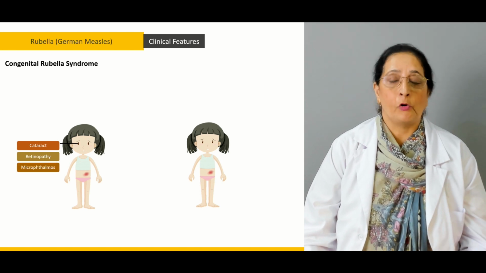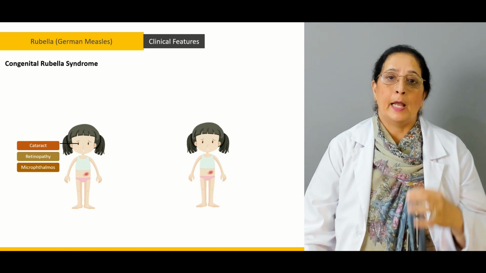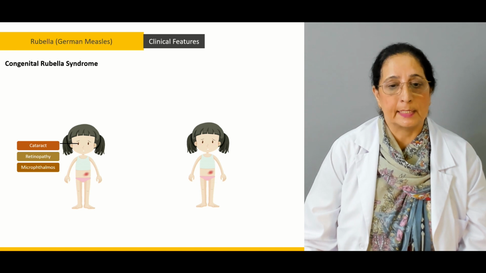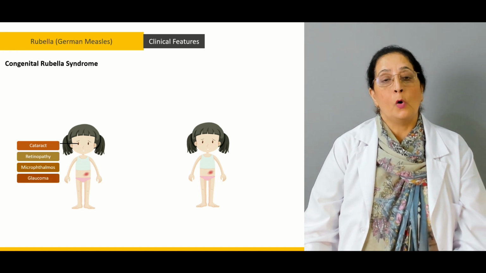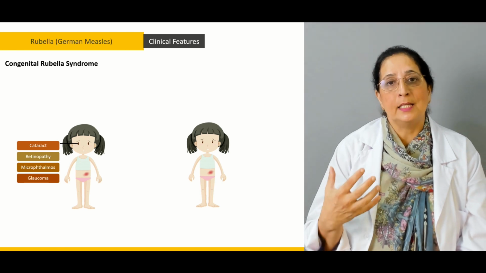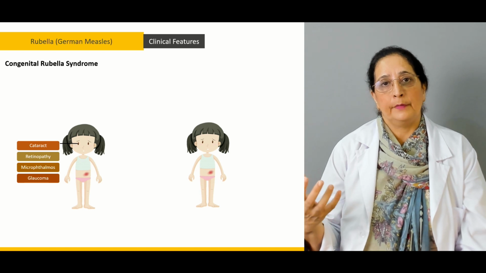There is microphthalmus, small eye. Micro is small, so the eyes are small. Then there is glaucoma. Glaucoma is a condition in which there is increased intraocular pressure, or increased pressure of the eyes.